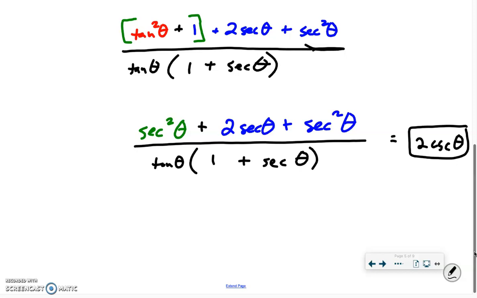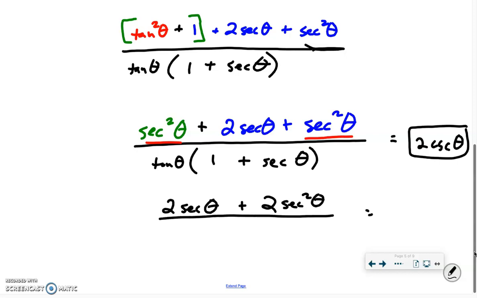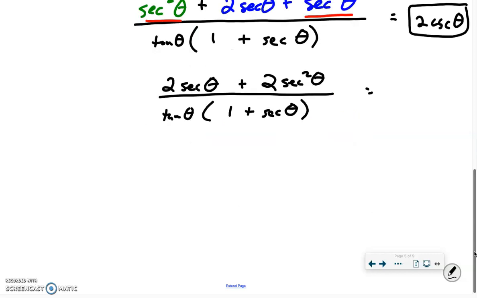All right, so combining like terms. Again, in the numerator, we do have like terms with secant squared, secant squared. So I could rewrite my numerator as 2 secant theta plus 2 secant squared theta, all over this common denominator, yet again, of tangent theta times 1 plus secant theta.